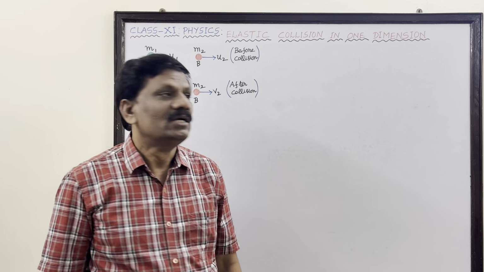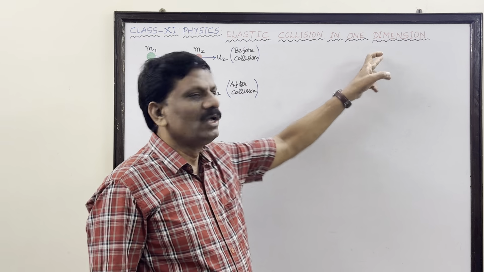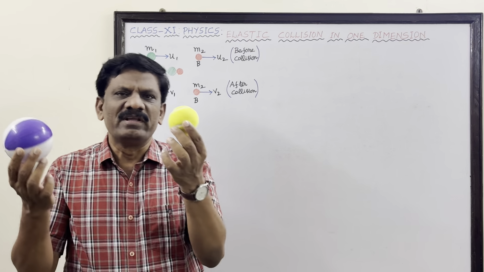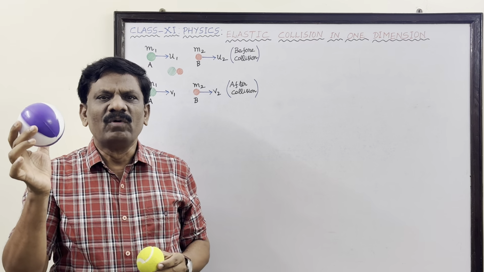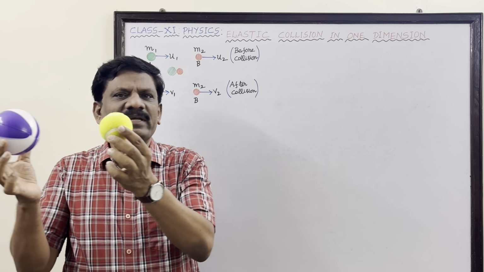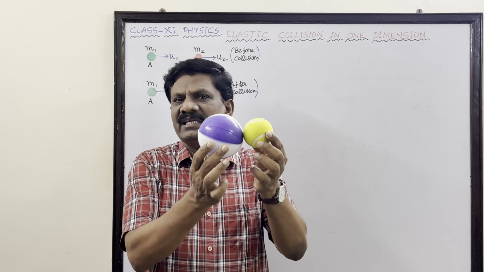Hi students, today we are going to discuss the topic elastic collision in one dimension. Suppose we consider two different bodies of masses m1 and m2, moving along the same straight line before collision. After some time they hit each other.